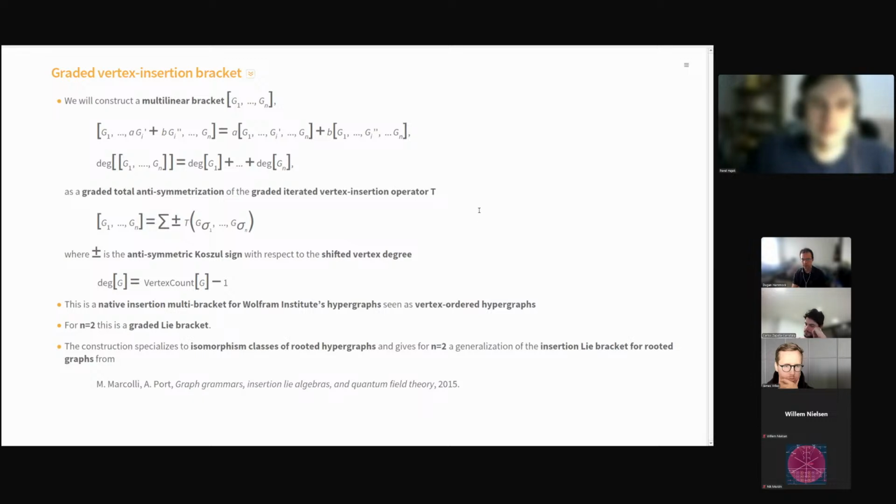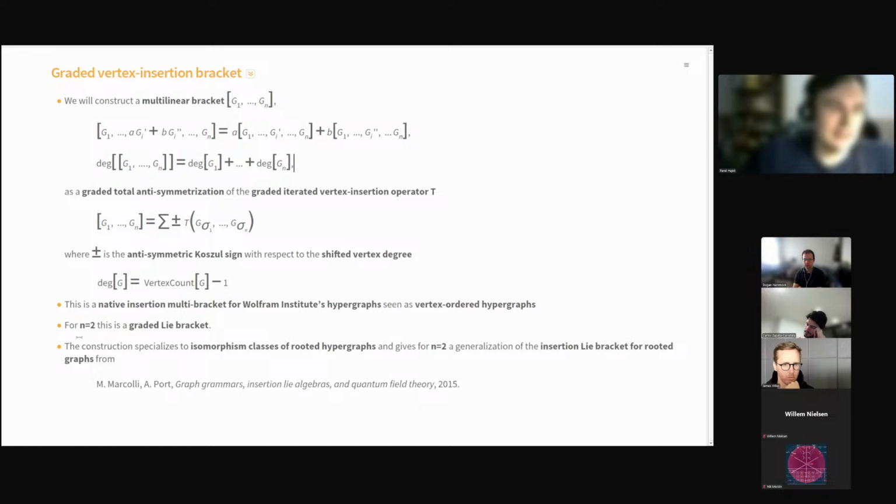This bracket is defined on the isomorphism classes of these hypergraphs as vertex ordered hypergraphs, which means your vertices are simply labeled from 1 to n. So it's very simple. There are not that many isomorphisms. You can check in linear time if two hypergraphs are isomorphic.